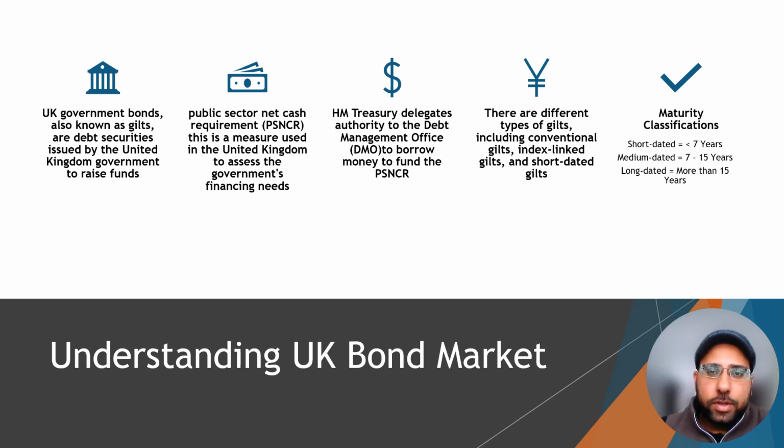We have touched on the different types of gilts. In our previous slide, we did touch on index-linked gilts, which are inflation-protected bonds. There are short-dated gilts and treasury bills, to be more precise. That naturally tends to match any short-term cash requirements governments may possibly need.